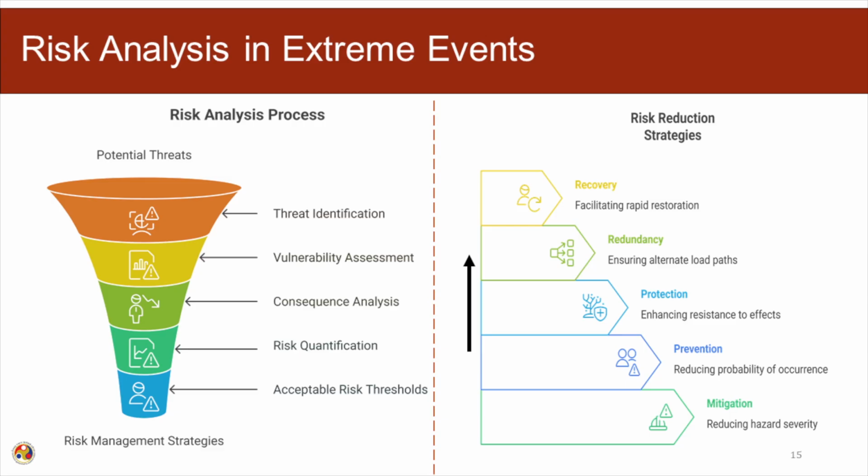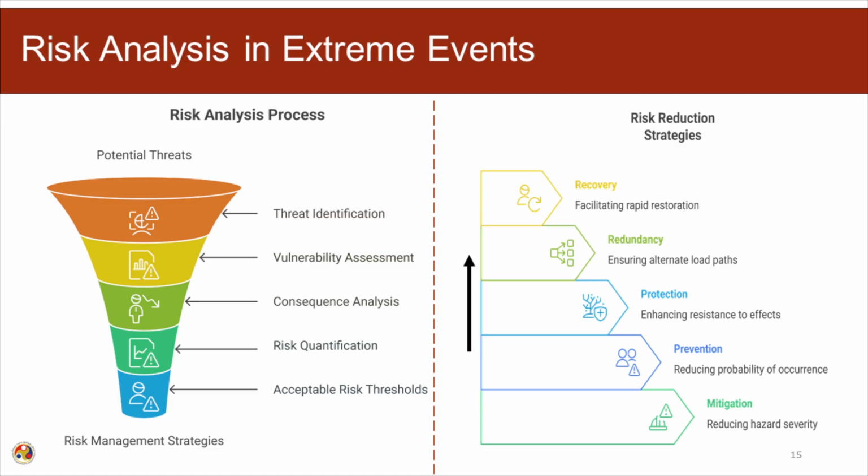First of all, what we need to do is that we need to assess the potential threat, we need to identify the threat. For example, we need to identify the threat that will be caused by a missile explosion event or a bomb type of event that is kept in a truck or somewhere. Then we need to assess how vulnerable our structural system or any other infrastructure system that is susceptible to this type of events are.